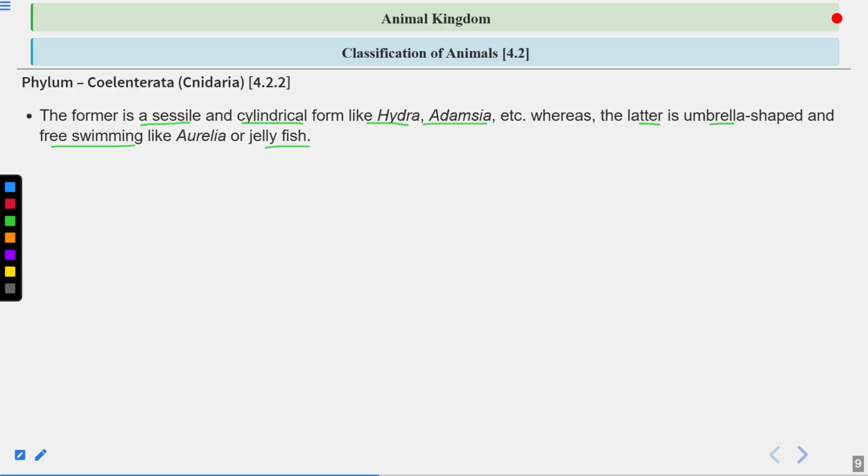So you must remember the polyp stage, cylindrical in shape, seen in Hydra and Adamsia, whereas the medusa stage is free swimming and umbrella shaped, seen in Aurelia or jellyfish. Jellyfish is an example of the cnidarians, and scientifically it is called Aurelia.